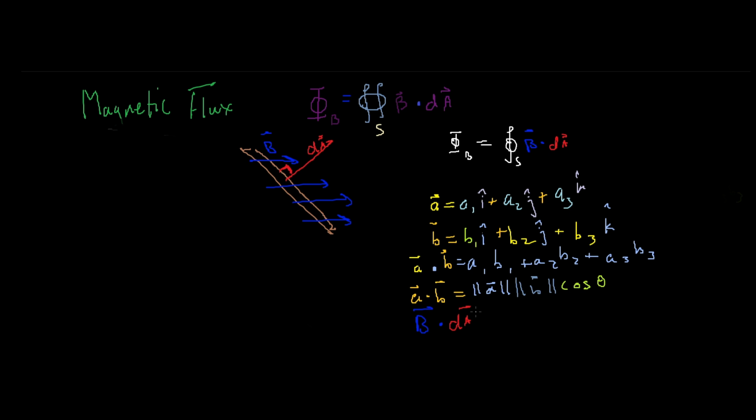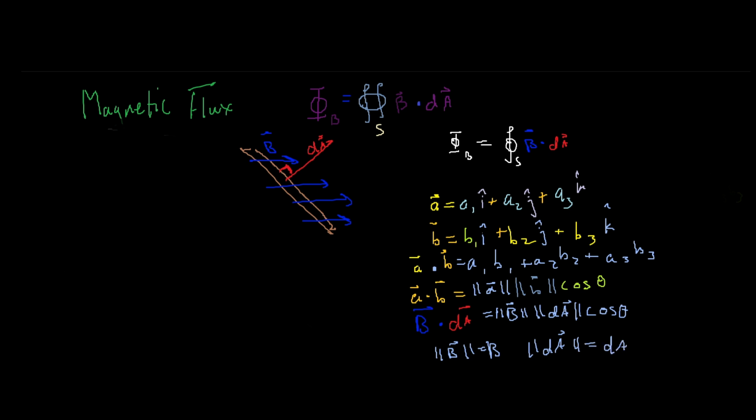But what we know is that dA is perpendicular to the surface, right? That doesn't give us much yet, so let's write it as the magnitude of B times the magnitude of dA times the cosine of the angle between them. But really, the magnitude of B we can just write as B without an arrow, and the magnitude of dA as dA without an arrow.